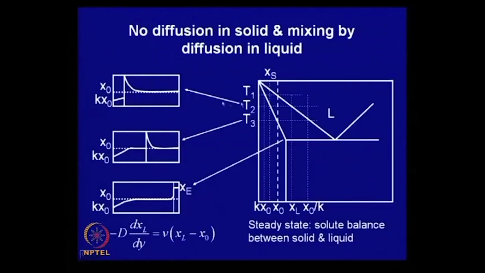Now, if you cool it further, it will come down somewhere here. Let us see this particular temperature. It has been found, experimentally also, that after a certain time, when you reach this temperature, you get a situation like this: the solid composition becomes equal to the composition of the original alloy, that x naught, and we assume that after that the solid composition does not change and the solidification is completed at temperature T3.